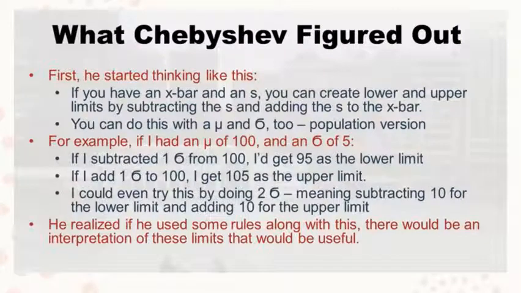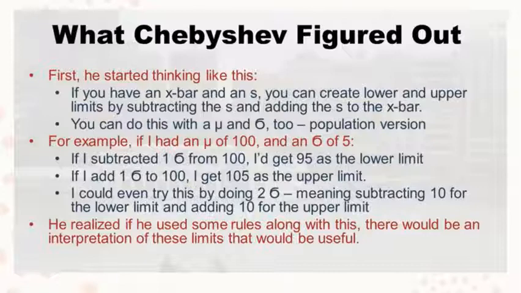Okay, so there was this guy named Chebyshev, and he figured out a cool, significant way to work with your upper limits and lower limits and your standard deviation and your mean. It will lead to something that's very useful in statistics and when you're analyzing your data.